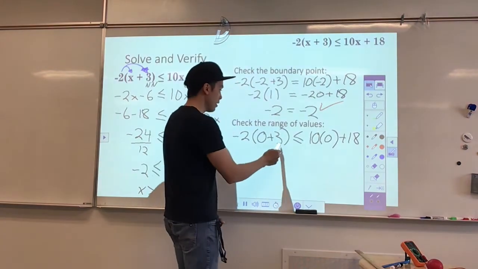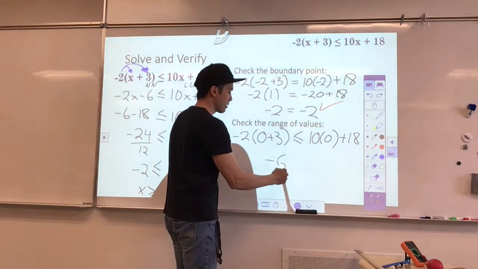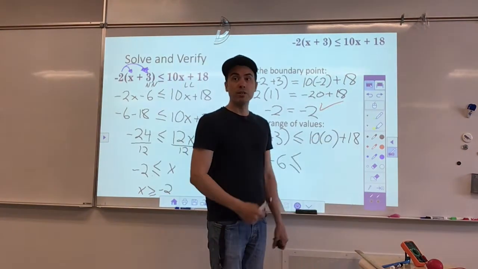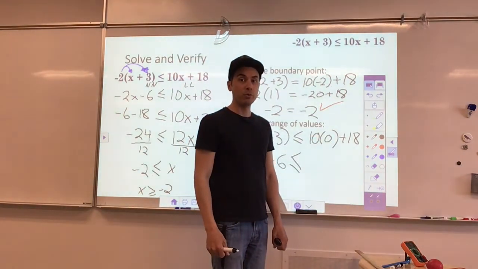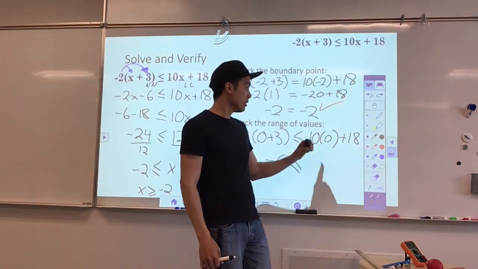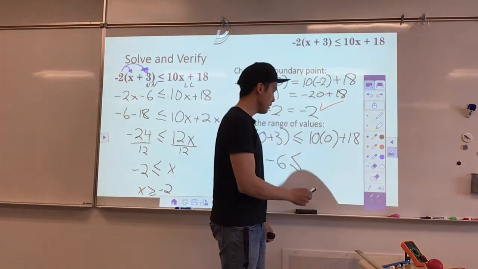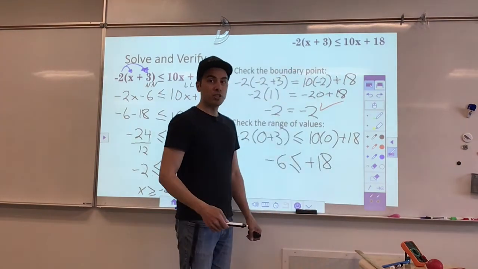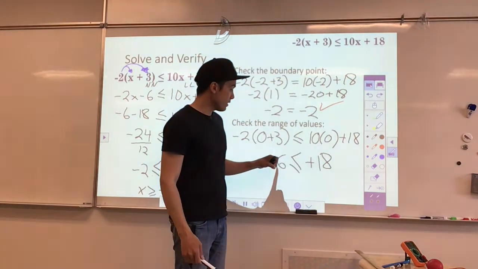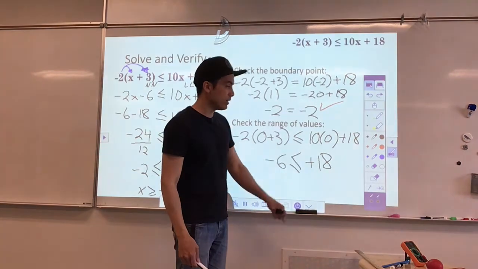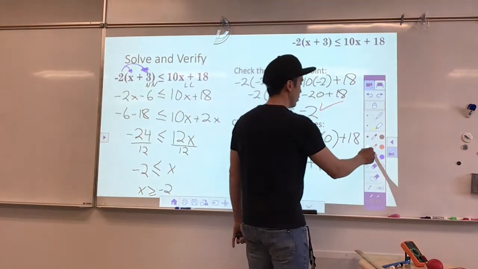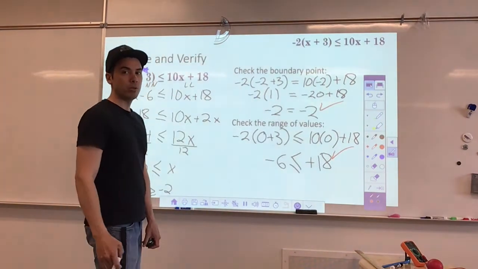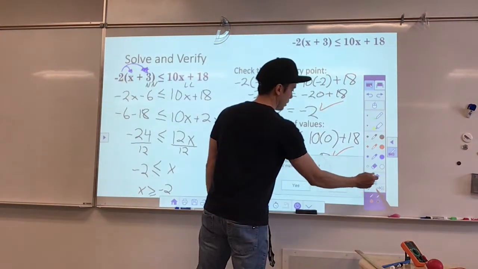It's just 3. 3 times -2 is -6. 10 times 0 is also a super easy question for me as well, because anything times 0 is 0. 10 times 0 is 0, plus 18. So now I just got to check if this is true. Is -6 less than 18? It is. And so the range of values is also looking pretty good.